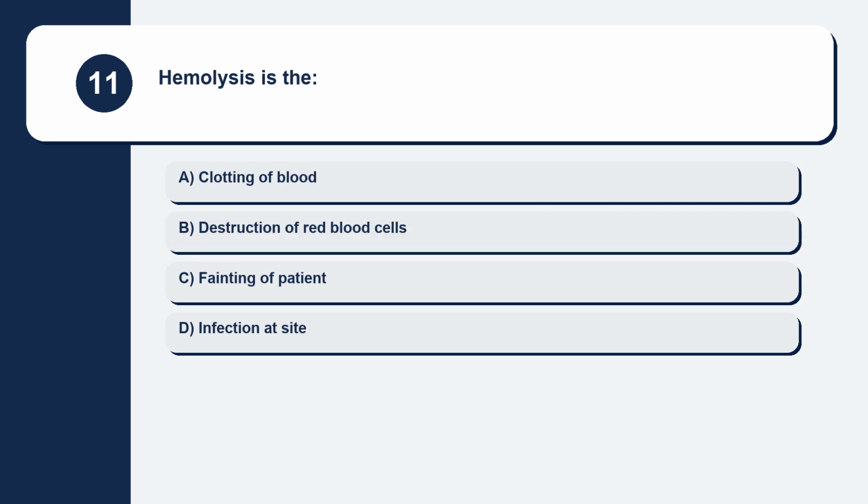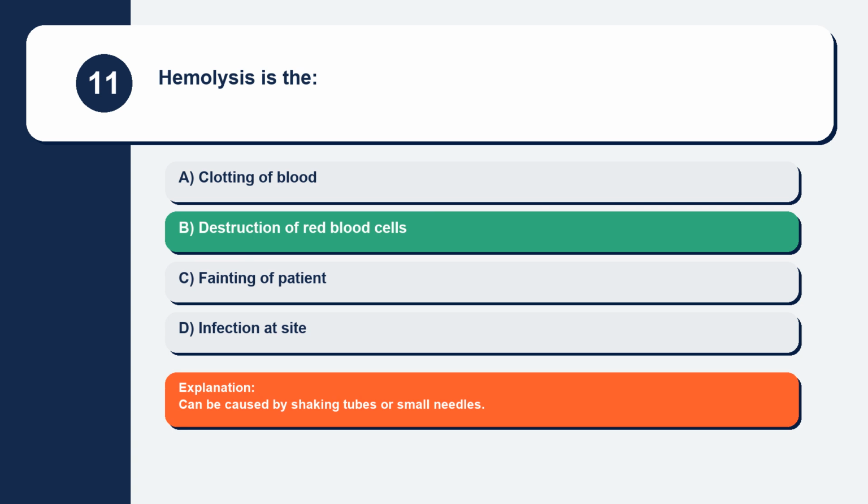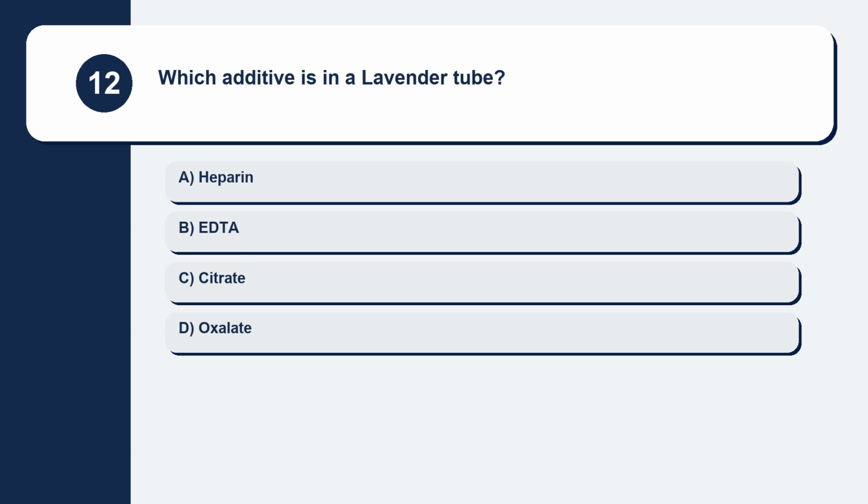Question 11. Hemolysis is the clotting of blood, destruction of red blood cells, fainting of patient, infection at site. Can be caused by shaking tubes or small needles. Question 12. Which additive is in a lavender tube? Heparin, EDTA, citrate, oxalate.